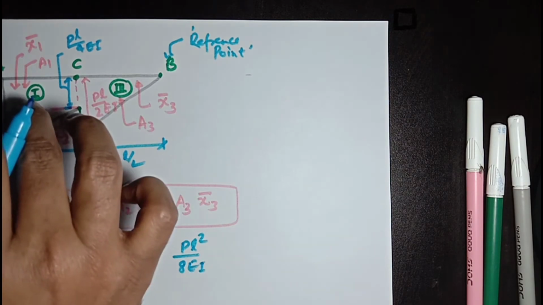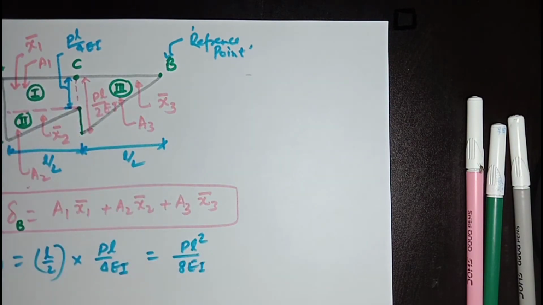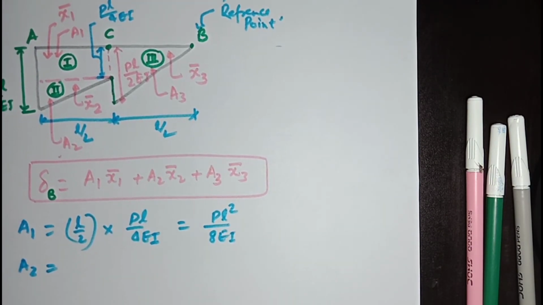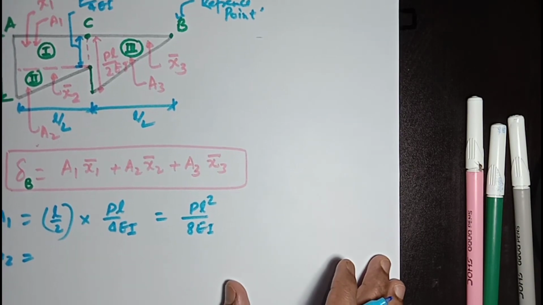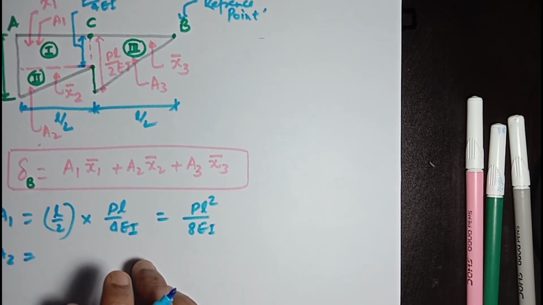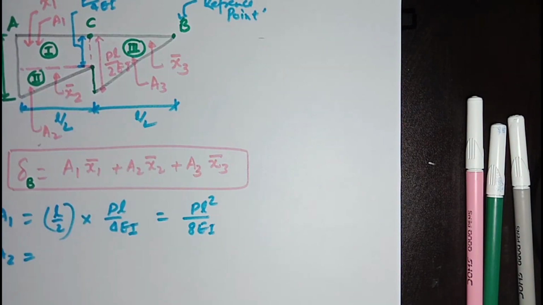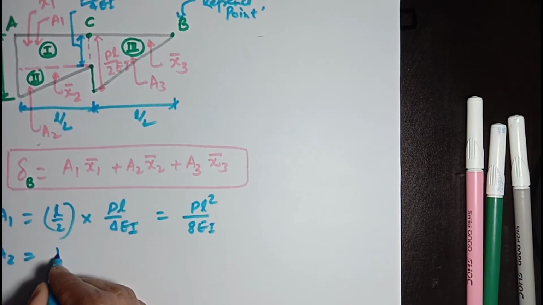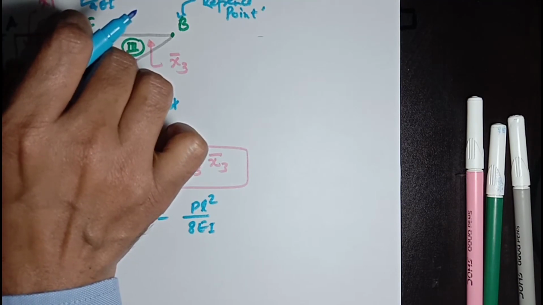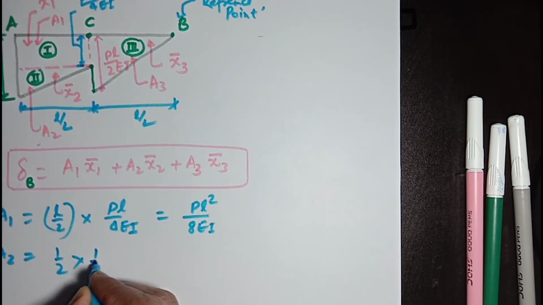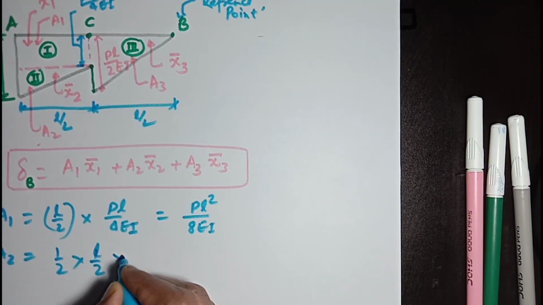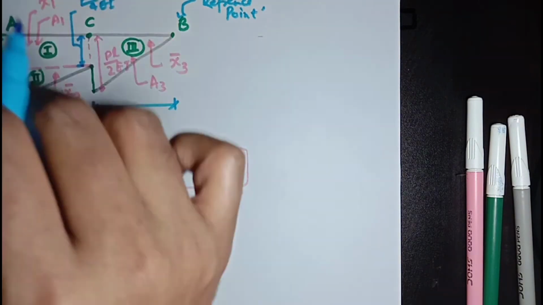This is the area of region 1, and now the area of region 2, which will be A2. This is a triangle, so its area will be half, and the base length will be L by 2, multiplied by this value.